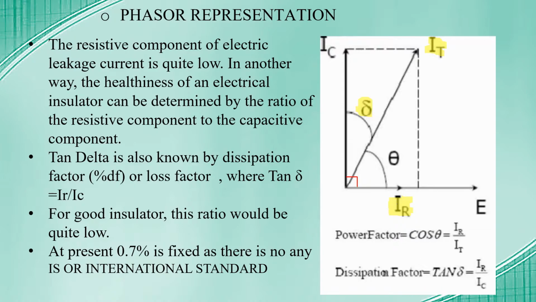From this figure, we can say that tan delta is nothing but opposite upon adjacent, where opposite is IR here and adjacent is IC here. So tan delta equals IR by IC.